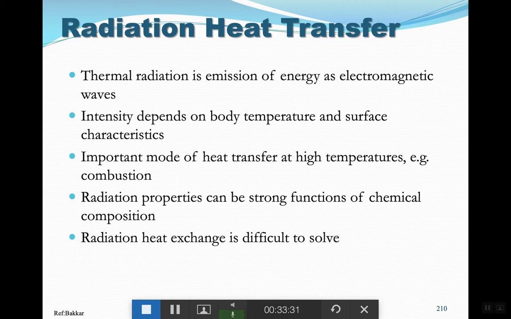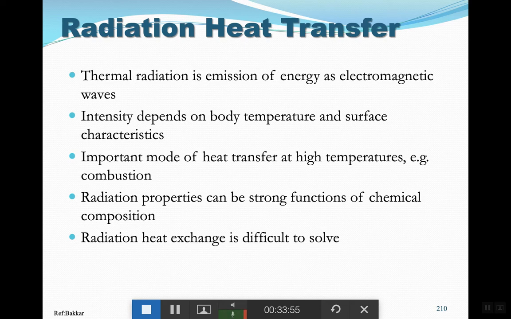So these are the two important things: the body temperature and the surface characteristics. And this becomes an important mode of heat transfer at very high temperatures, and we mean very high temperature. It has to be either a combustion or a solid that is literally glowing from high temperatures.